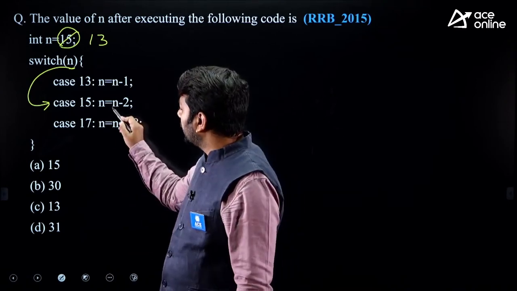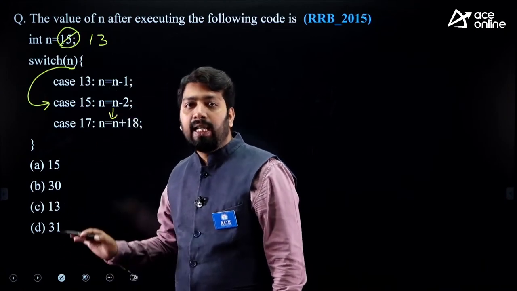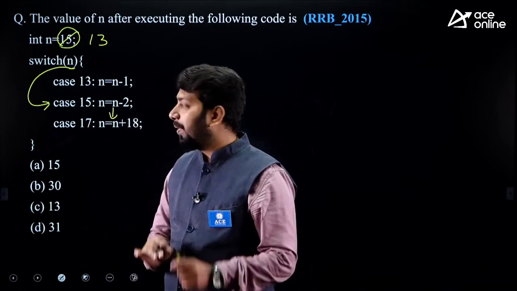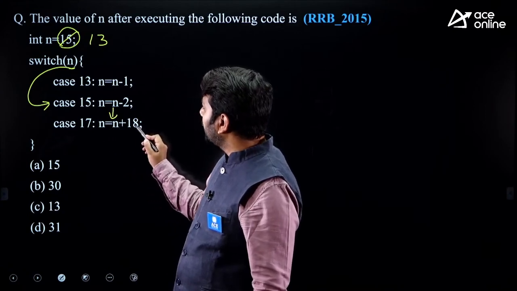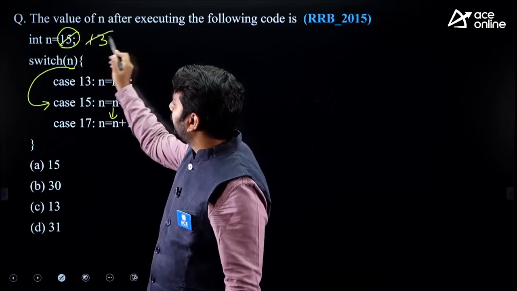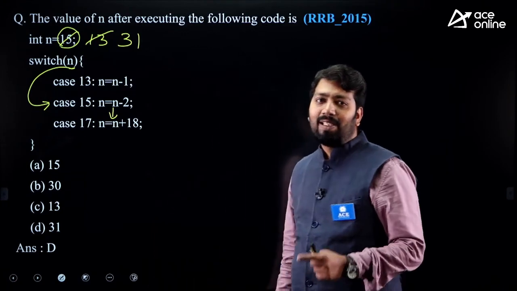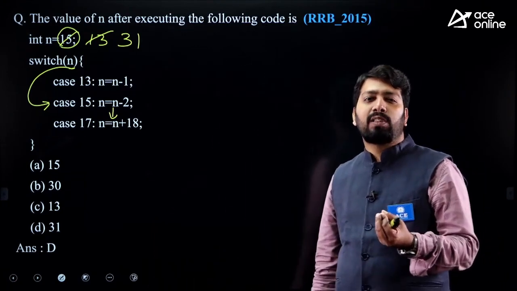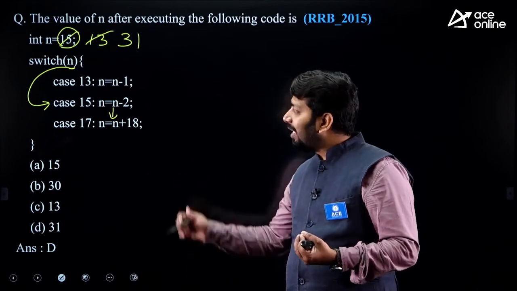If there is no break statement, we will also execute all the remaining cases until we get a break. So it says n equals n plus 18. That means 13 plus 18, which becomes 31. So the answer is 31.